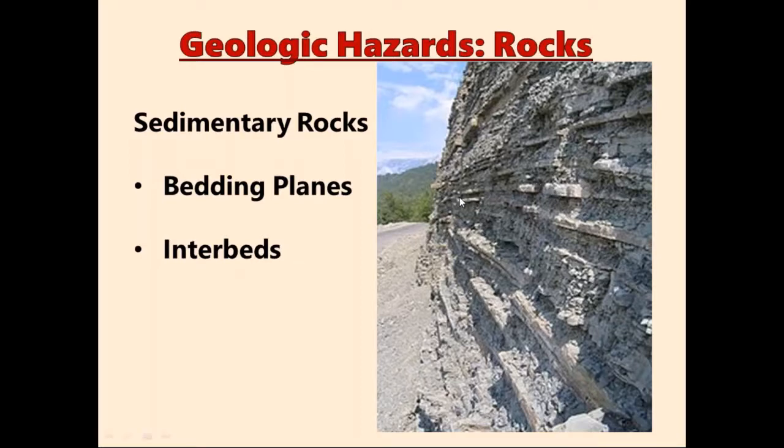So when we talk about bedding planes, we're literally talking about the physical line that separates one layer of rock from the next. Holding a rock in your hand, it's easy to see bedding planes. Here, it's easy to see them in the picture. By definition, a bedding plane is a relatively weaker surface than the solid rock on either side of it.